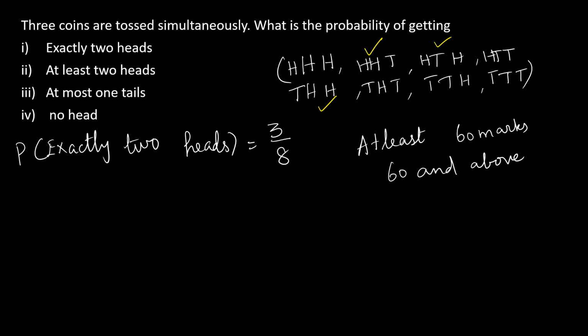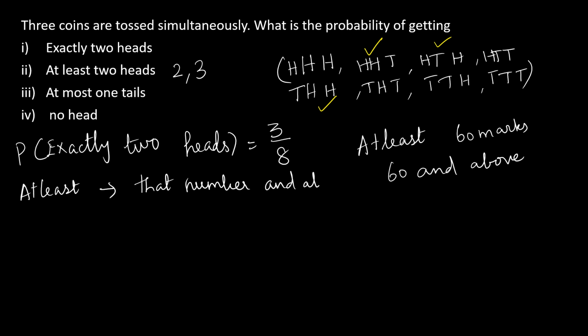So at least 2 heads means you have to see 2 and above, that is 2 or 3 heads. At least means that number and above.